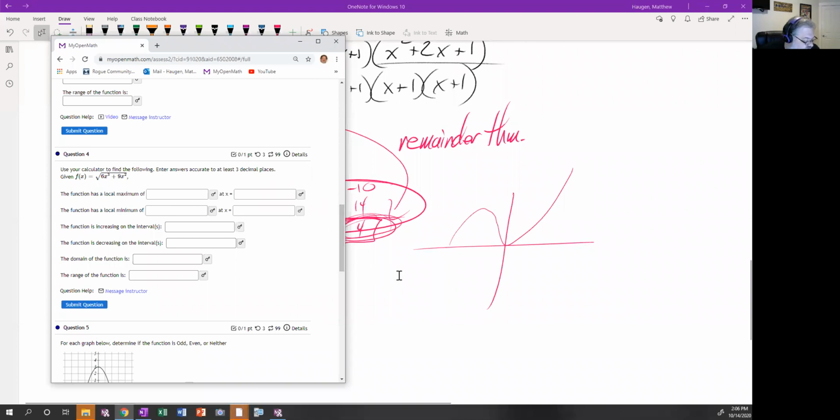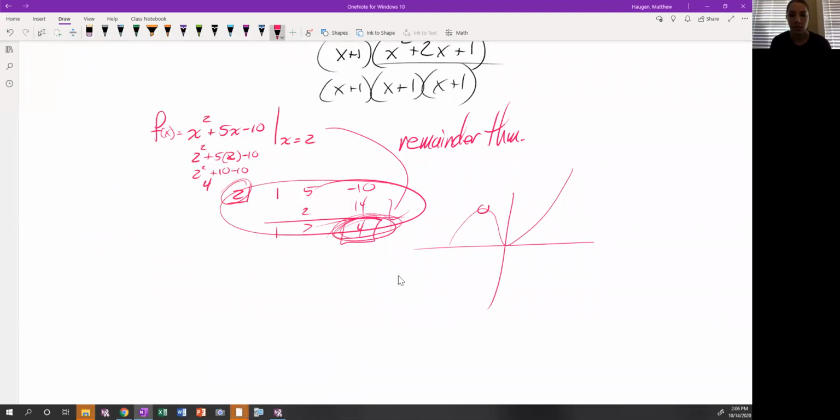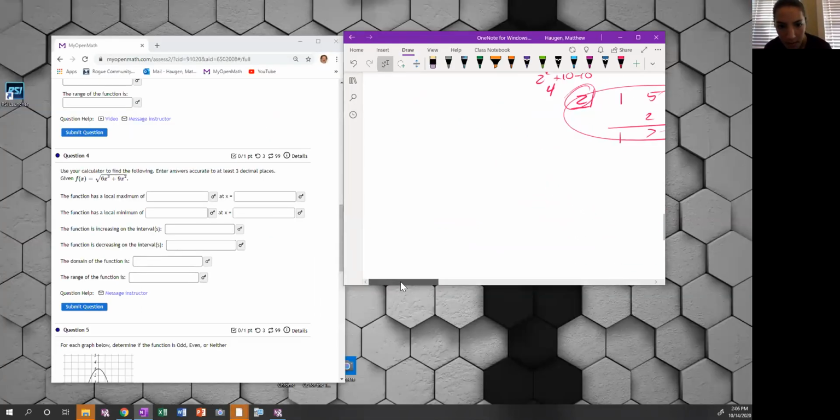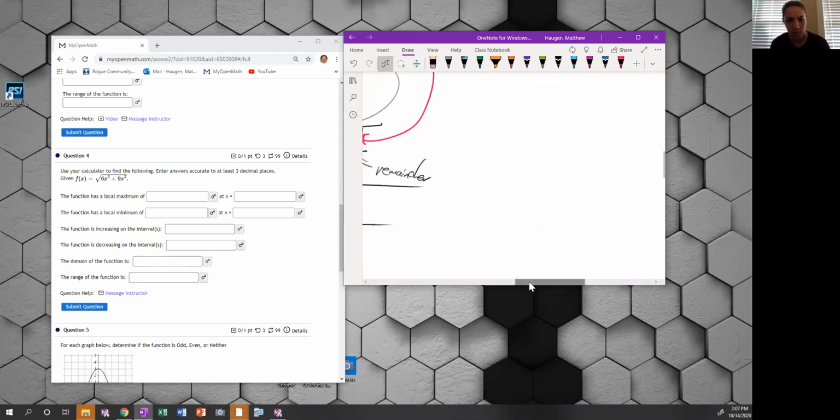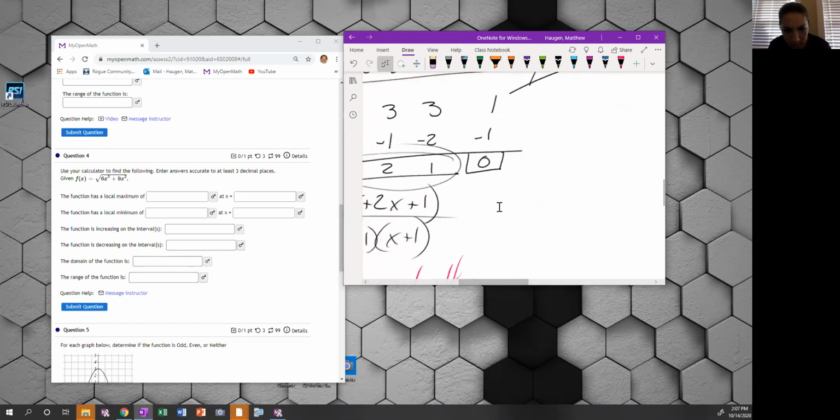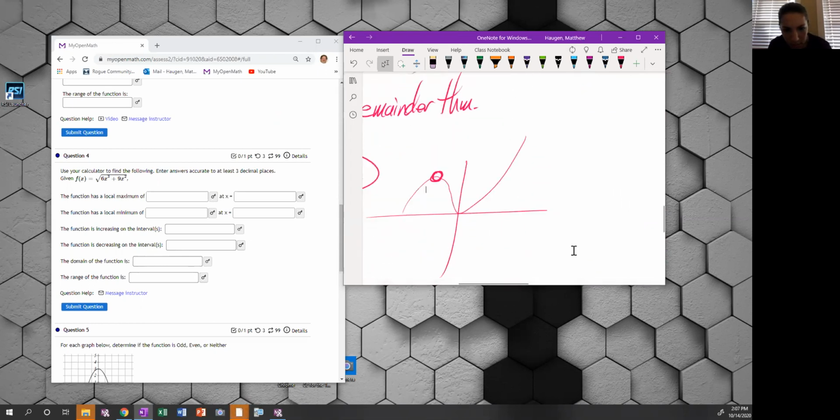So when you're trying to find the local maximum, you're trying to find that value. Yeah, I thought it was negative. Oh, I guess that's 2. Is that 2? Yeah, it is. Okay, so that's why that's wrong, hopefully. And then x equals. Yeah, so I don't really understand what I'm doing wrong.